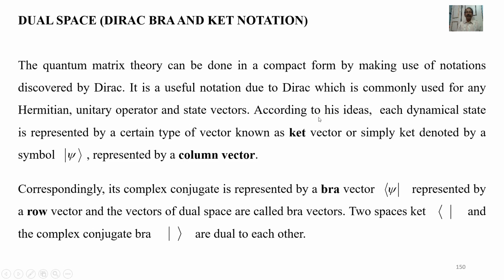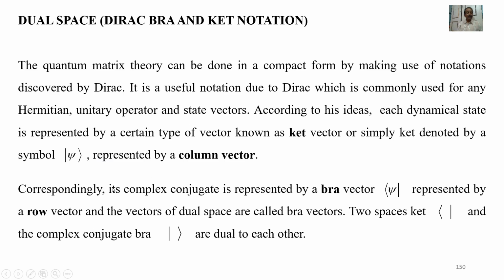According to his ideas, each dynamical state is represented by a certain type of vector known as a ket vector, or simply ket, denoted by the symbol ket psi, represented by a column vector. So this representation, ket psi, is nothing but a column matrix, a column vector.